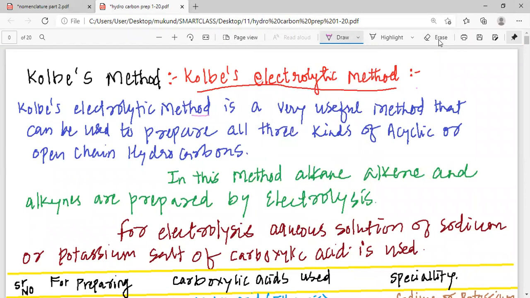Kolbe's electrolytic method is a very useful method that can be used to prepare all three kinds of acyclic or open chain hydrocarbons.